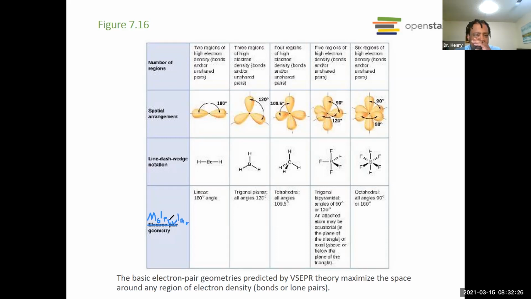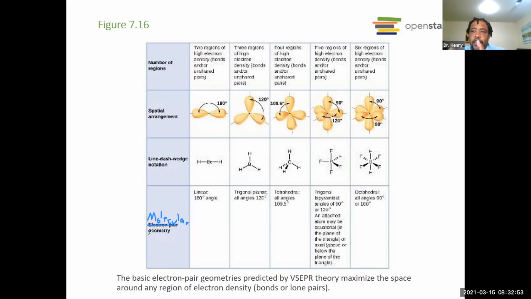Things are going to look similar in terms of the electron pair geometry, but what the actual structure looks like, the molecular geometry, can be different. So the molecular geometry can change, but the electron pair geometry is going to be exactly the same depending on the number of attachments. Those attachments can be electron pairs, or they can be atoms.